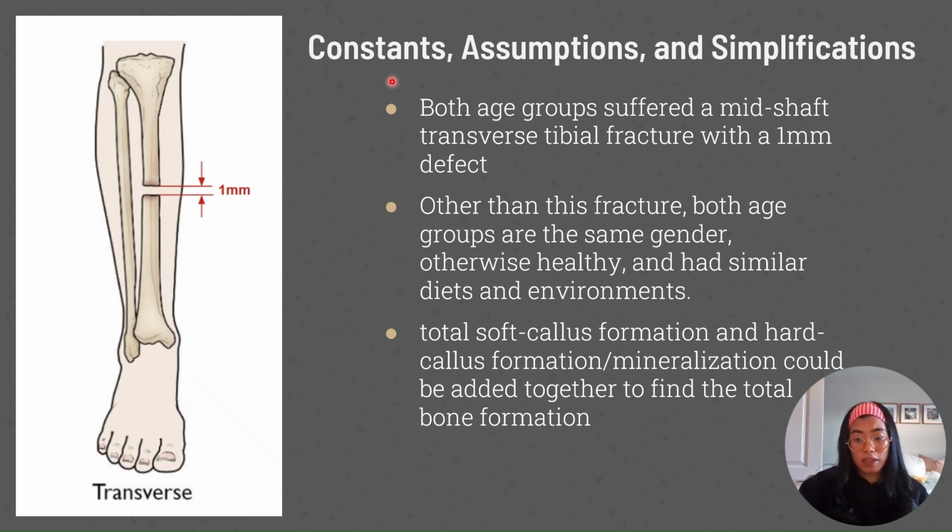This is so that they would heal similarly. Total callus formation and hard callus formation / mineralization could also be added together to find the total bone formation. Like Olivia described in the last slides, bone regeneration can be very complex and there's a lot of factors that contribute to it. So since we're not experts, we wanted to specifically focus on callus formation.